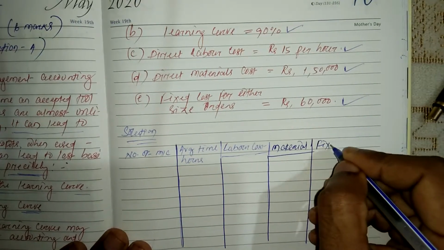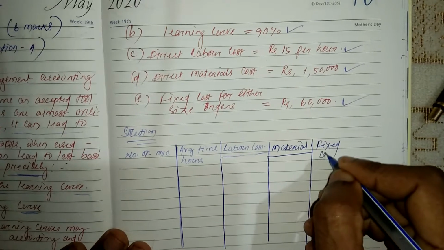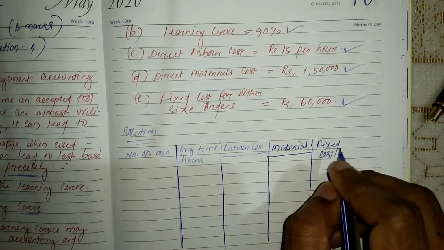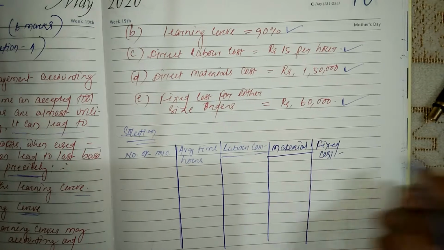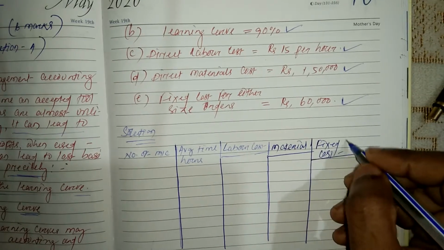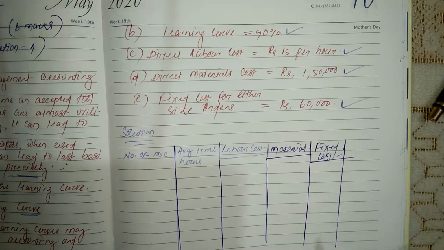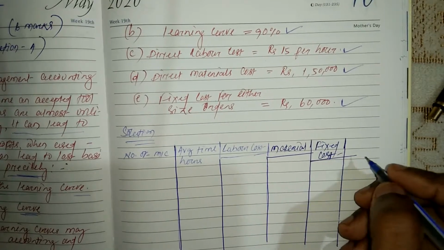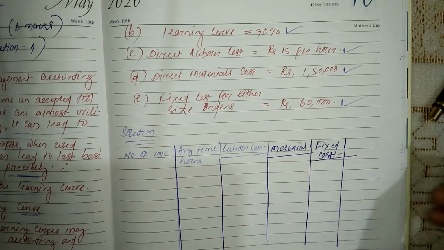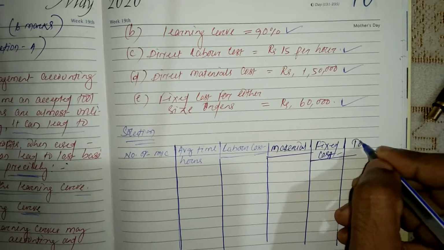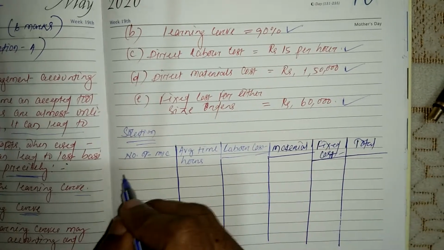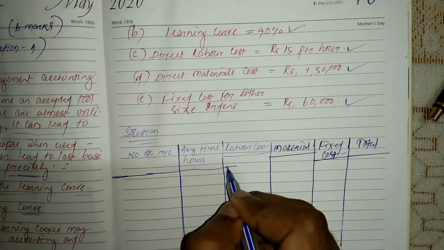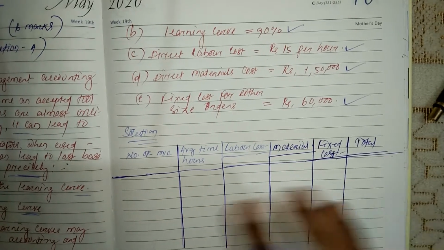Fixed cost will be reduced with the number of machines. Fixed cost, and here total. So we need to find out all these figures.